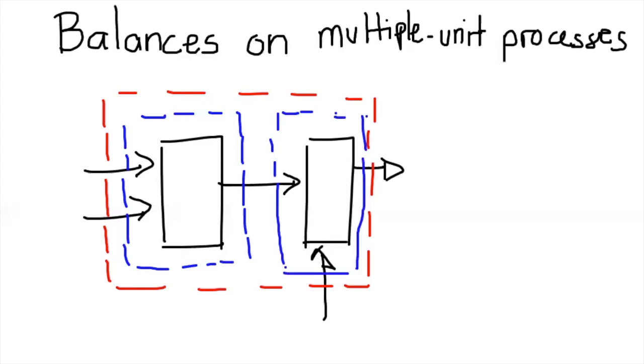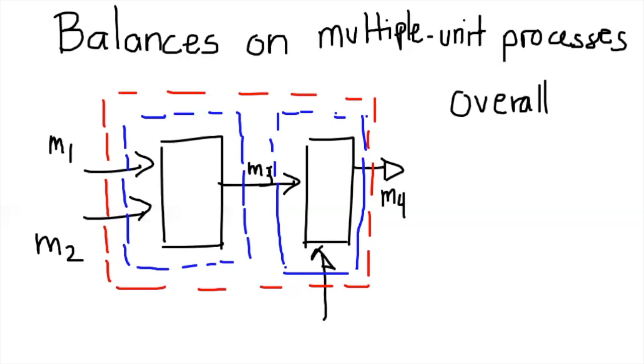So when we're talking about the first boundary, which encloses all of the system, we can state one balance for the overall system. So once again, if we have here mass 1, and we have here mass 2, and then the one in the middle is mass 3, and here we have mass 4. For the overall system, we only are going to take what enters and what goes out from this system.